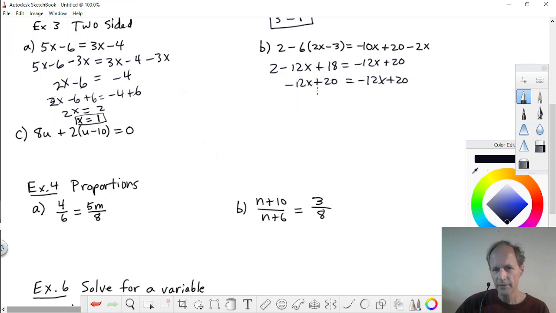This is looking kind of interesting. Looks kind of the same on both sides, huh? But let's do the drill. We want to get rid of x from one side or the other. So to get rid of x from the left side, we would add 12x to both sides. Somehow we have a feeling that's going to get rid of it on both sides, right? So over here on the end, I'll just add 12x over here. Plus 12x.